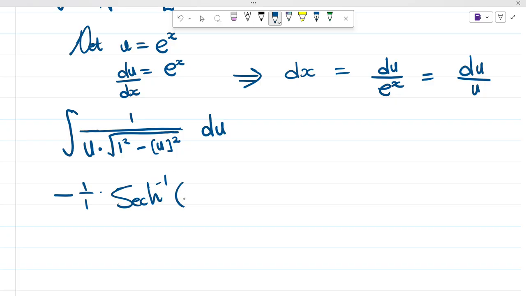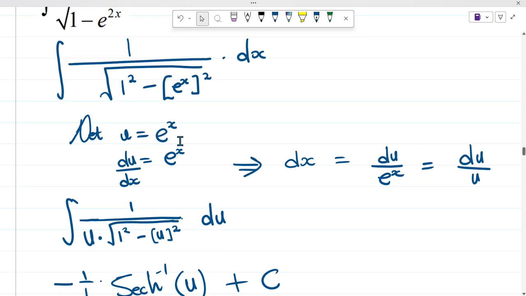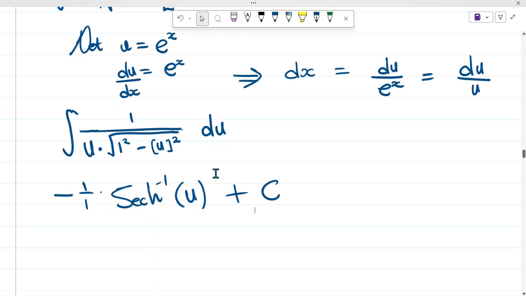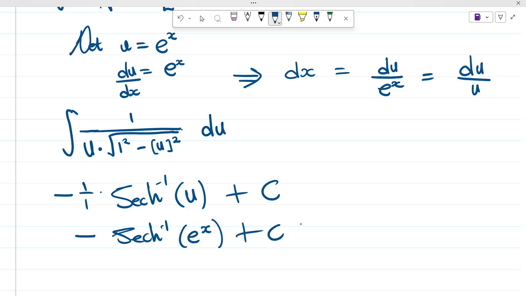For this case, f of x is u. So it's just going to be u, then plus c. But we're not dealing with u in our question. We're dealing with e to the power of x. So hence, we conclude that this is the same as negative hyperbolic sec inverse of e to the power of x plus c.